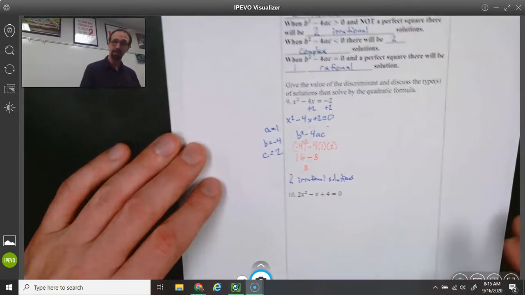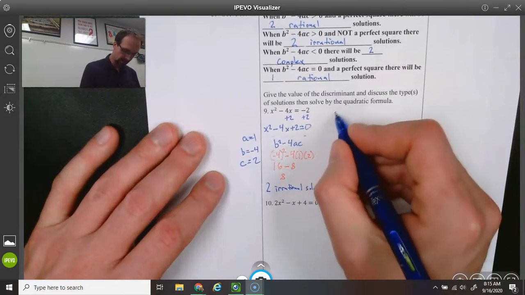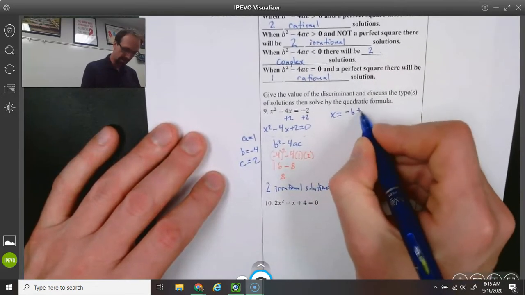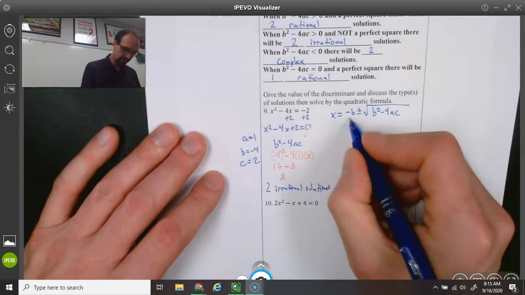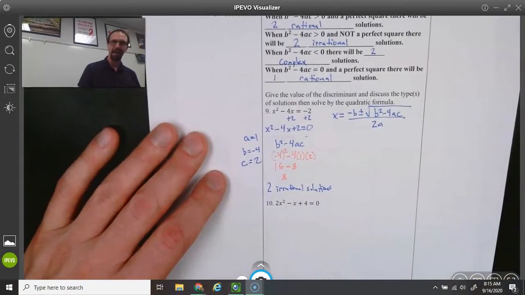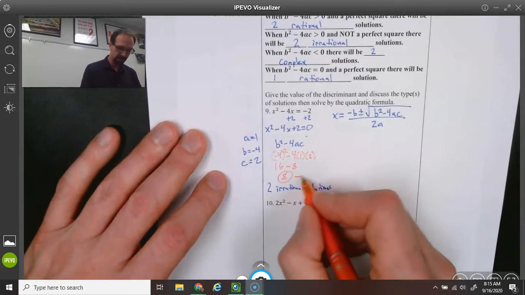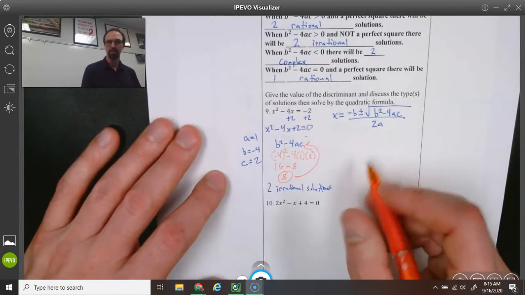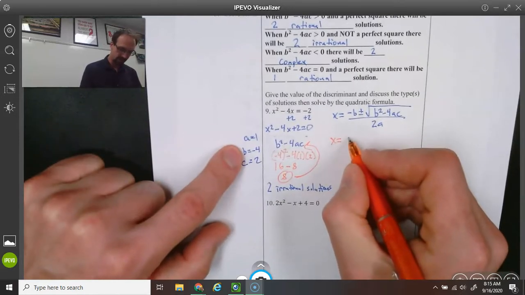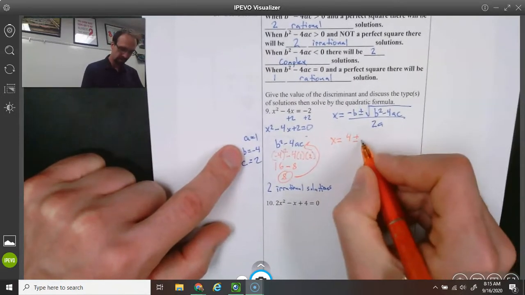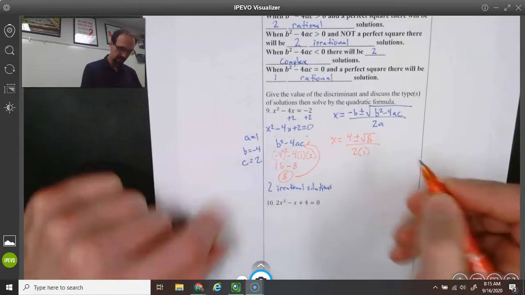And now I can go ahead and solve using the quadratic formula. So again, I have x equals opposite b plus or minus square root of b squared minus 4ac all over 2a. We already found the b squared minus 4ac part here, so I don't need to do that part again. So I have x equals opposite b. b is negative 4, so opposite b is 4, plus or minus square root of 8, all over 2 times a, which is 1.